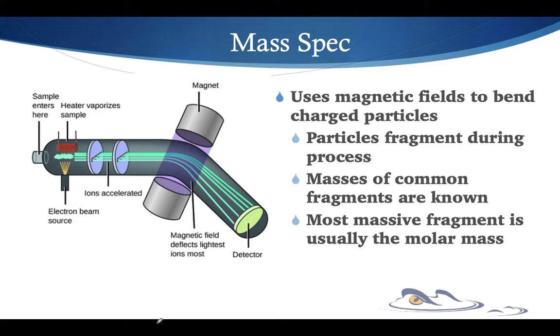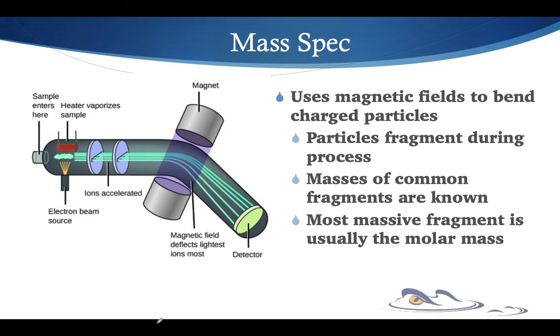It gives them a charge, giving them positive charges. It's knocking electrons out of the molecule. It also causes the molecule itself to break up into different pieces, or what we call fragments. And some of these pieces that come out of there all have different masses.